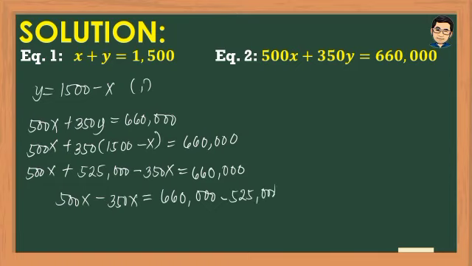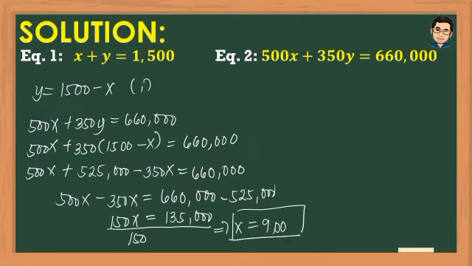So if we subtract 500x minus 350x, that is 150x equals, so 660,000 minus 525,000, that is 135,000. Finally, we divide the whole equation by 150. So the value of x is 135,000 divided by 150, that is 900.